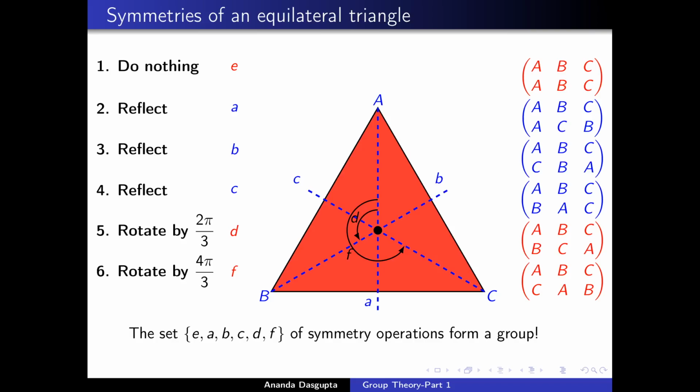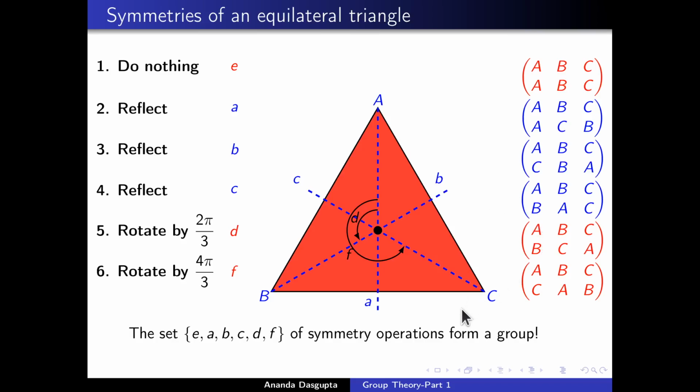Now that is sort of obvious, because if you did one symmetry operation, that would leave the triangle invariant. Do another symmetry operation, that also leaves the triangle invariant. If you do these operations one after the other, obviously the triangle will stay invariant under the joint action of both, which means that these 2 actions done one after the other should also be a symmetry.